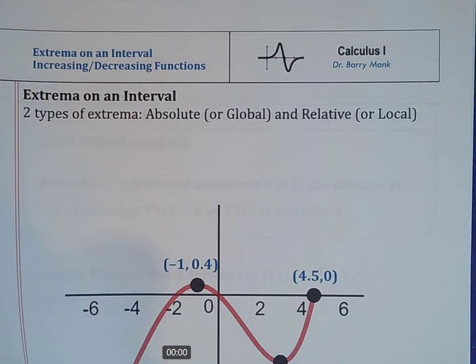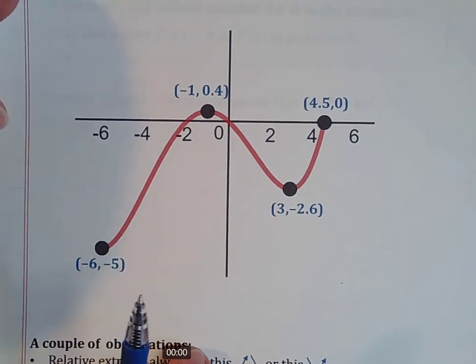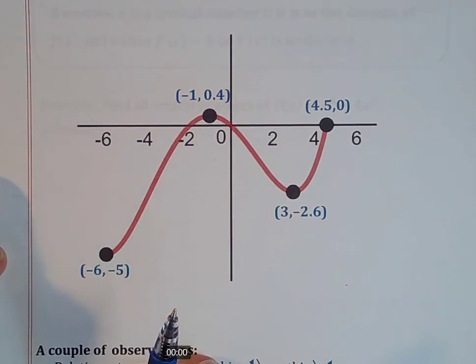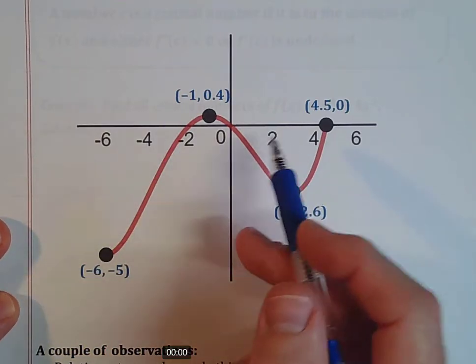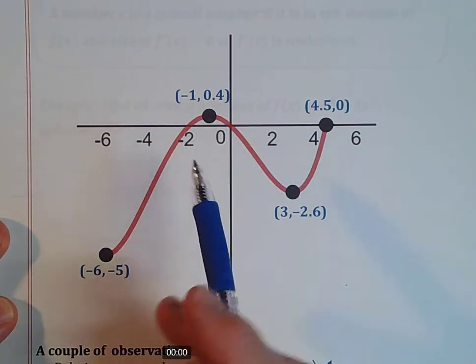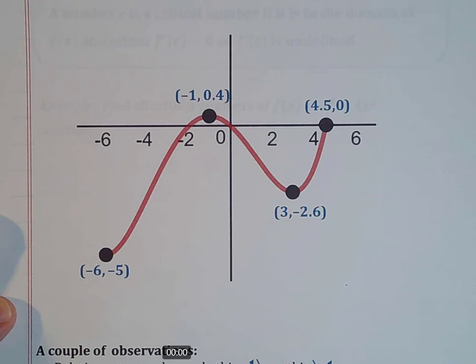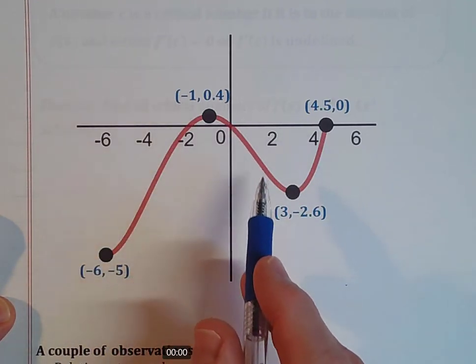So let's just talk about what's the difference between these. It's easiest to look at a graph and see the differences here. I've just given you a graph, and I've identified a few special points on this graph. This point right here is the lowest point of all the points on the entire graph.